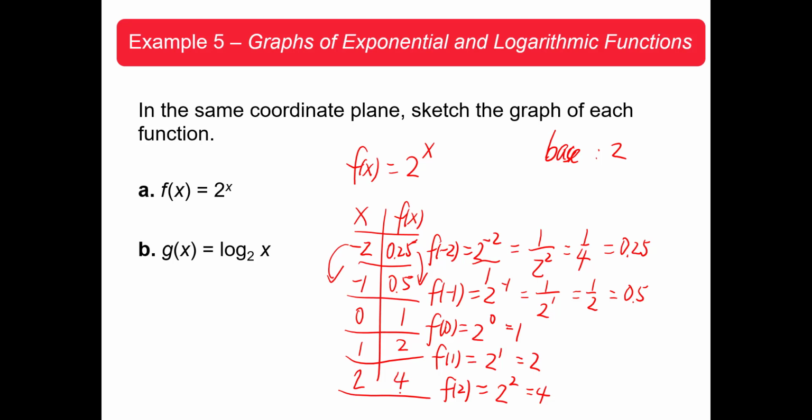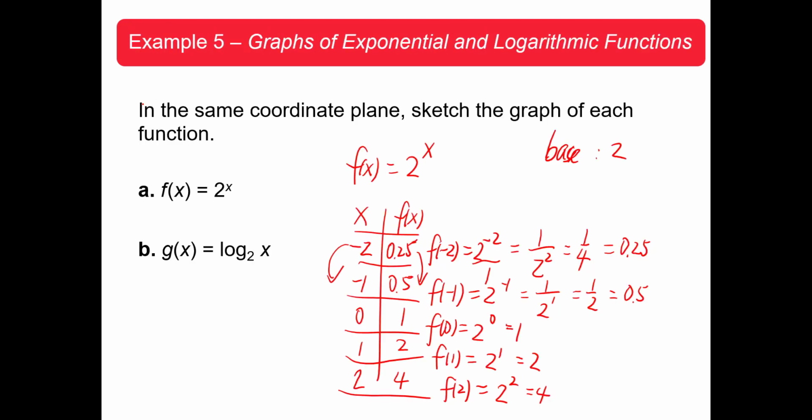So we have five ordered pairs so that we can sketch that. Next, after we mark all these ordered pairs, we're also going to come up with g of x equals log base 2 of x.